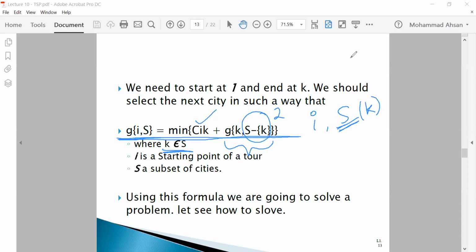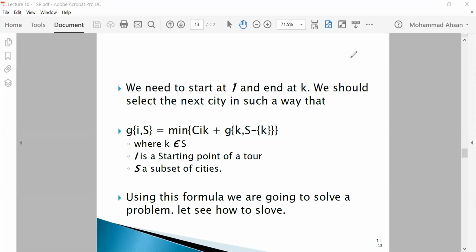So you see this equation, let me explain. Once we do the problem, this will be more clear. If you have a subset S left to visit and you are at I, out of that subset you can select any k, any vertex to visit.